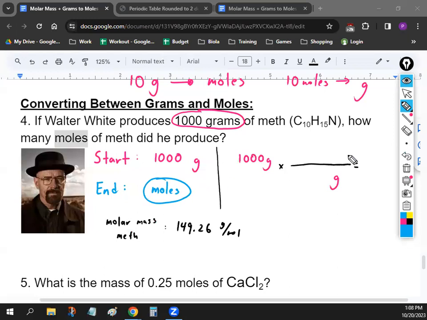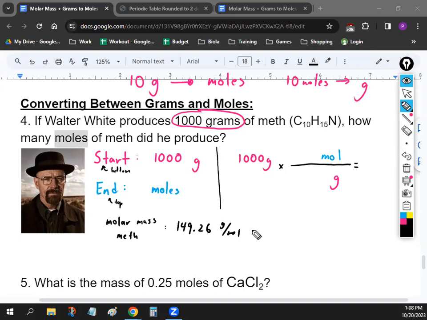That's what you're looking for in this problem. So whatever you're looking for, you put on the top of the fraction. Again, whatever you want to get rid of, you put on the bottom of the fraction, and whatever you want to find, you put on the top of the fraction.